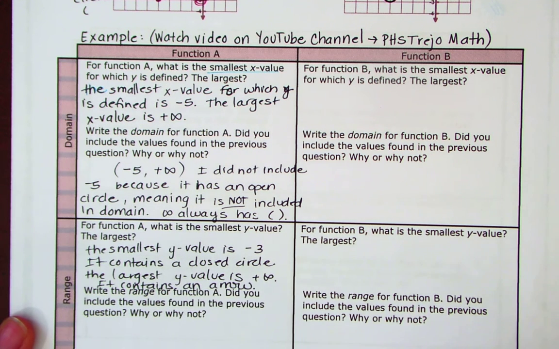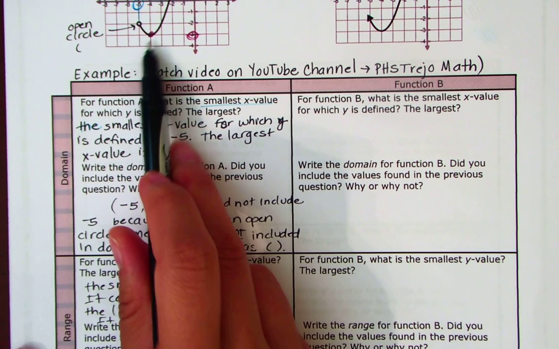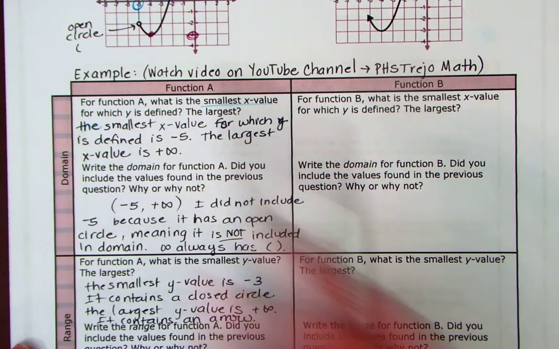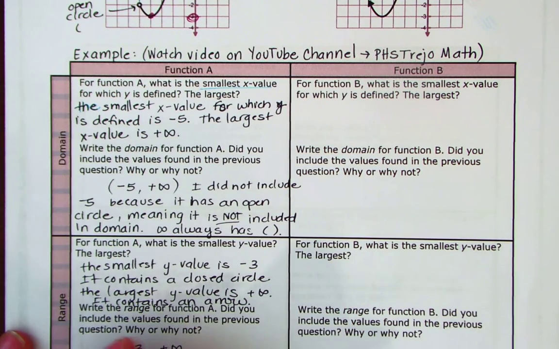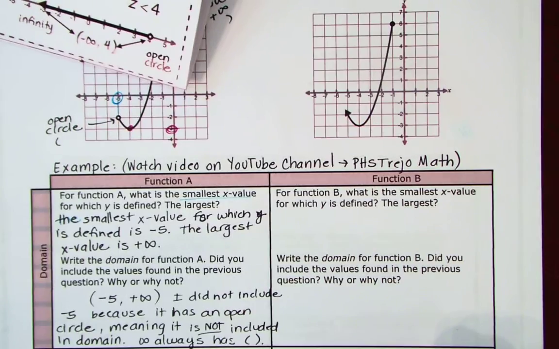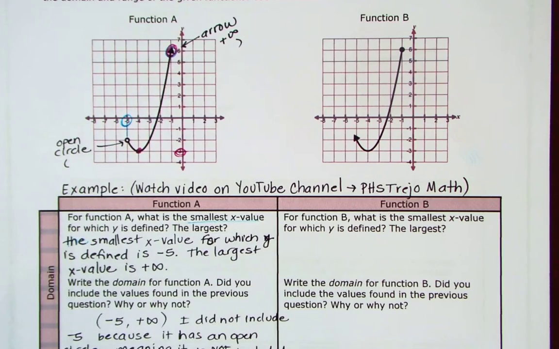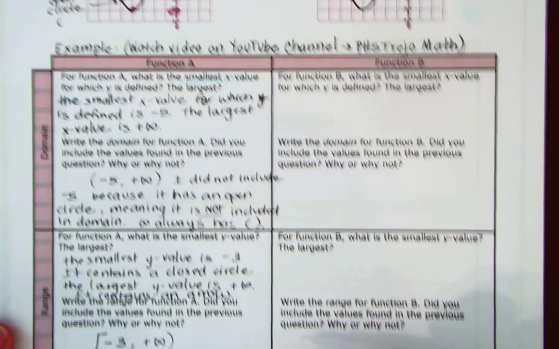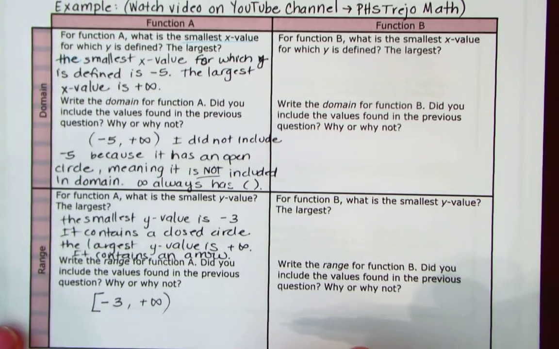So write the range for the function a. The range would be the smallest number, so from -3 all the way up to positive infinity. Because -3 had a closed circle, we didn't have it there, but I added a solid circle because -3 is included in the range. So I'm going to put a bracket, and then to go up to positive infinity, anytime it goes to infinity, that means parentheses. So that is going to be your range.